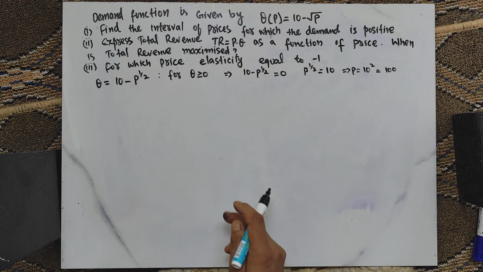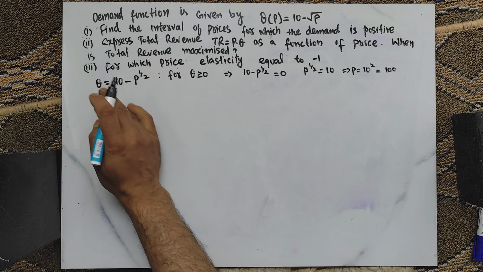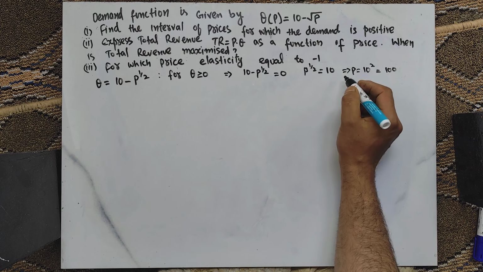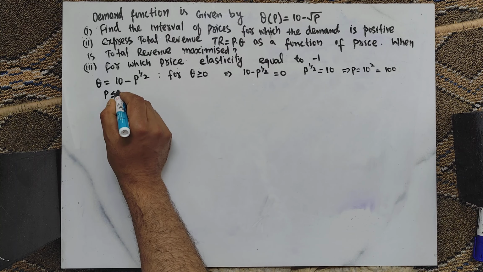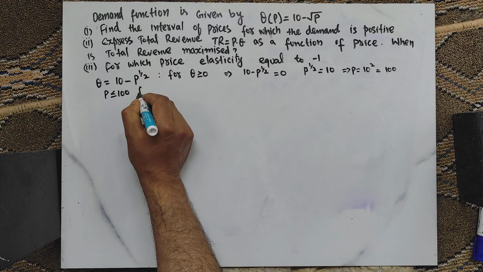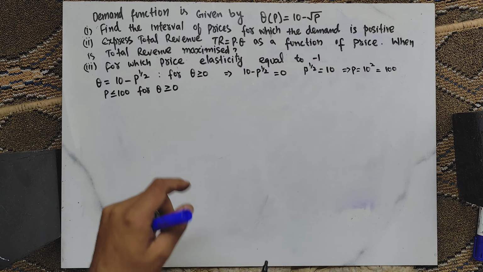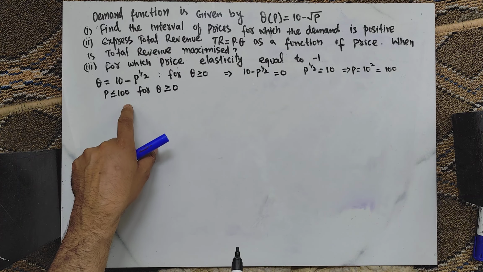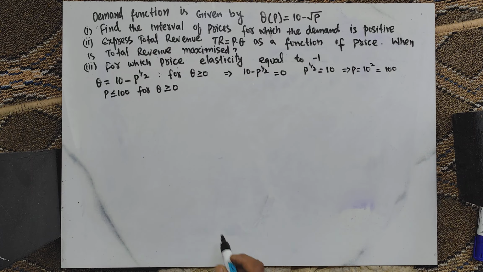So prices should be less than or equal to 100 for quantity to be positive. As long as prices are less than or equal to 100, quantity demanded will be positive.